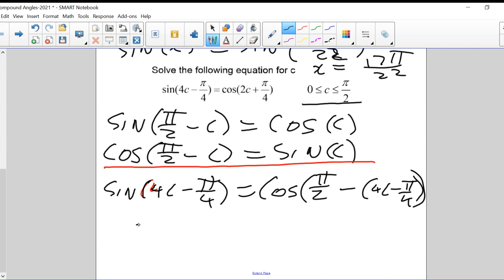So that is equal to the cosine of, let me take the bracket away now, pi over 2 minus 4c plus pi over 4.